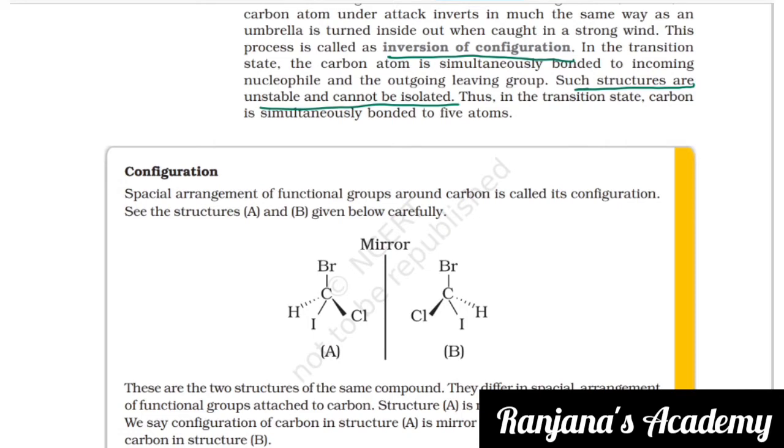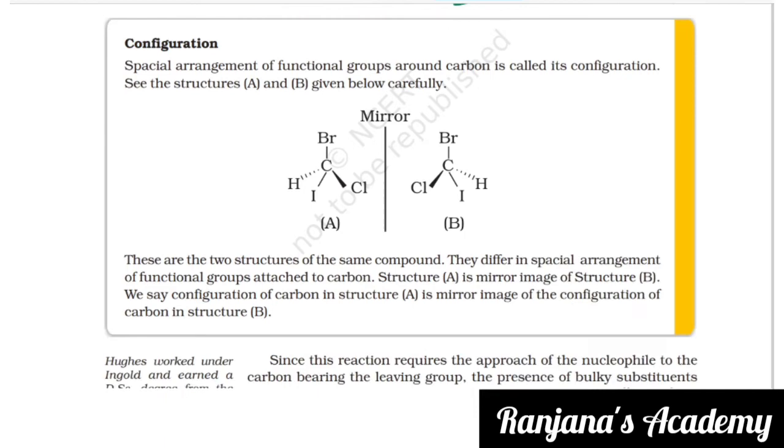Such structures are unstable and cannot be isolated. Thus, in the transition state, carbon is simultaneously bonded to how many atoms? Five atoms, students. So these are unstable and cannot be isolated, and in the transition state the carbon is bonded to five atoms.